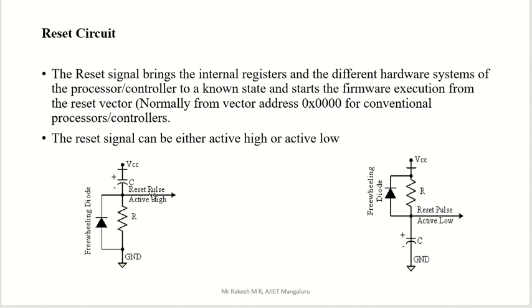Active low means that if you want to switch on the device, we apply 0, and to switch it off we apply 1. That is active low: 0 is on, 1 is off. In the active high case, 0 is off and 1 is on. These are the two circuits we have, active high and active low. We can apply either one for the reset signal.